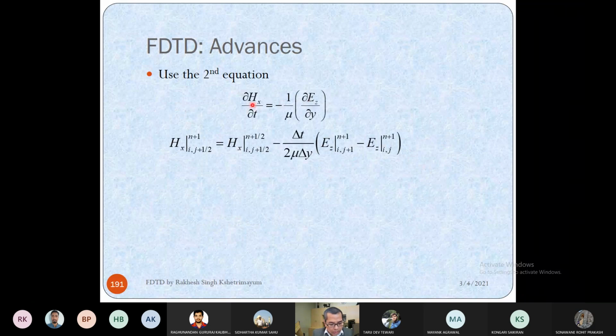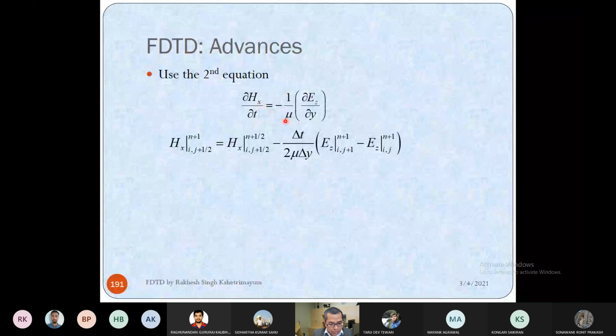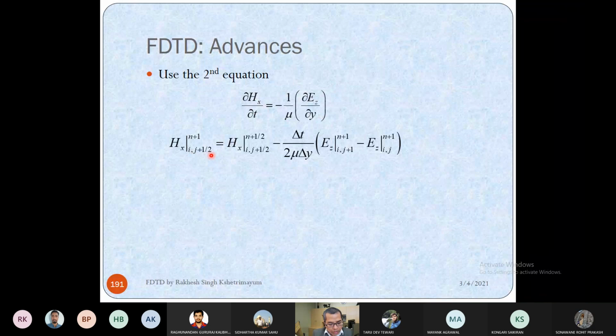Second equation is del x by del t is equal to minus 1 by mu del Ez by del y. So let us try to write the update equation for this. For x, what is the running index? Running index for x is i would be integer, but j would be half integer. i comma j plus half.